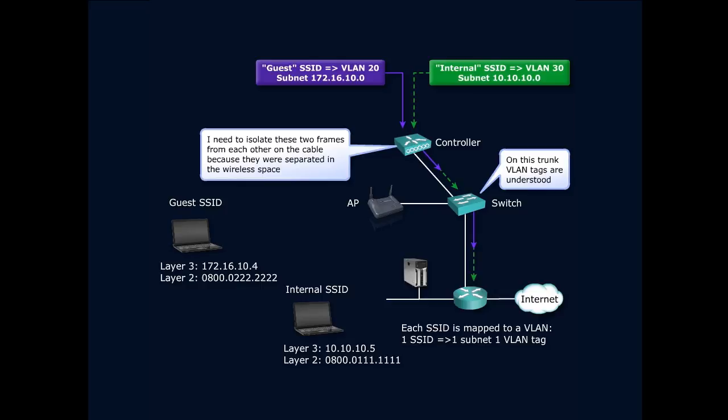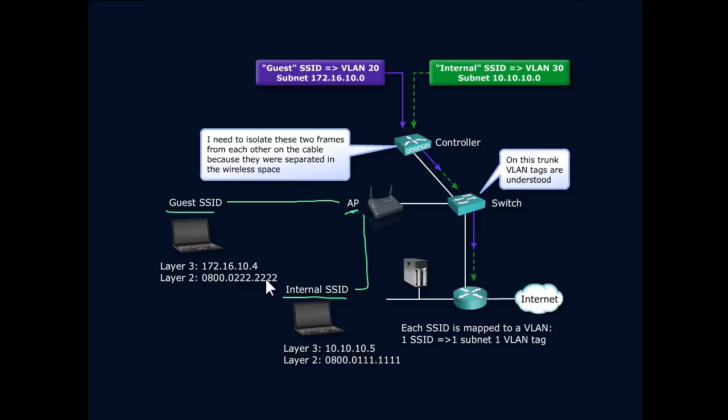Now there's two ways that we really do that as far as we're concerned in both a wired and wireless environment. In the wired environment, we're going to do that through VLANs. In the wireless environment, we of course do it through SSIDs. And remember, an individual access point here could host multiple SSIDs. So for example, this access point hosts an SSID called guest and another one called internal.